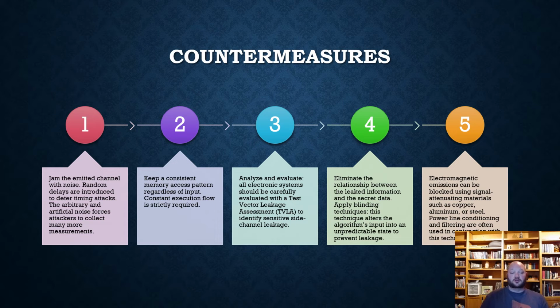Random delays are introduced to deter the timing attacks, so they can't base keystrokes, or when something's being encrypted, they can't pull data out from that. So this artificial noise forces attackers to collect much more data, and it just wastes their time and makes it a harder target.